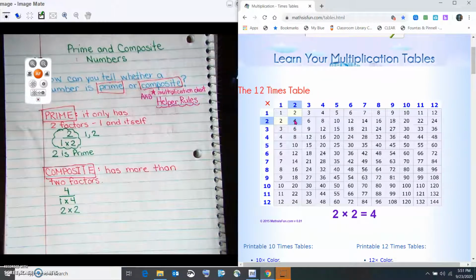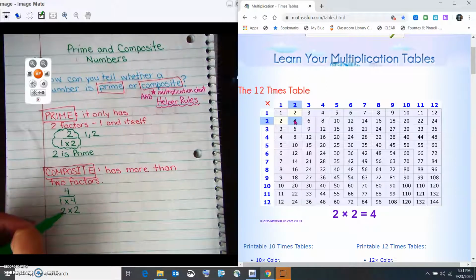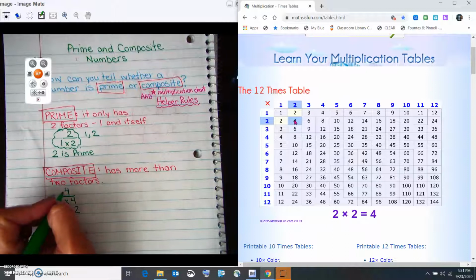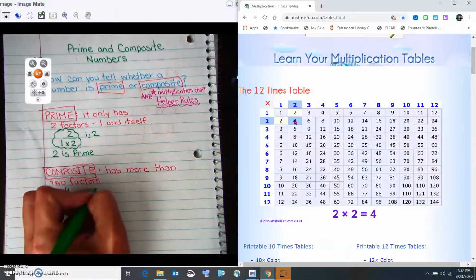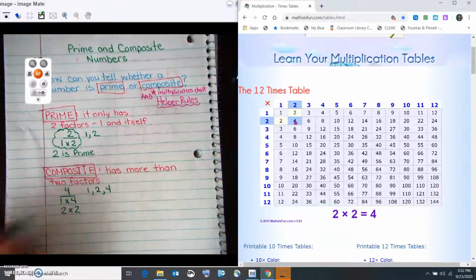So right away, we don't even have to go any further. We know that this is a composite number because it has more than 1 times itself. I don't need to find all the factors. I just need to see if it has at least one more. Then I know that 4 is a composite number because it has 3 factors. It has 1, 2, and 4.